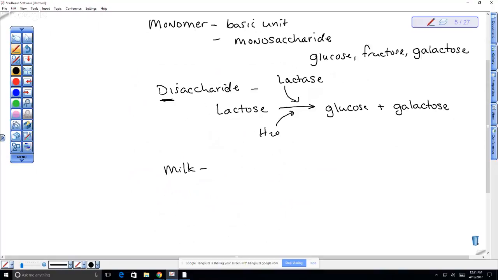So when we look at milk, this is nutrition, has lots of different things, for newborn mammals, or young mammals, right? So if a newborn mammal is going to be able to digest lactose, they need to produce lactase, right?